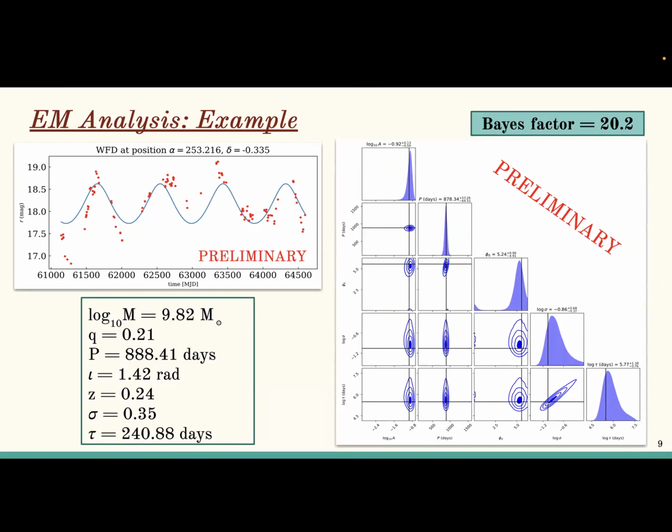As you can see, using this nested sampler, we're able to retrieve the injected values. The blue histograms are the recovered posterior distributions, and the black lines show the injected values. We recovered those injected parameters very well, and the Bayes factor of the detection of the binary signal is around 20.2 for this kind of light curve.